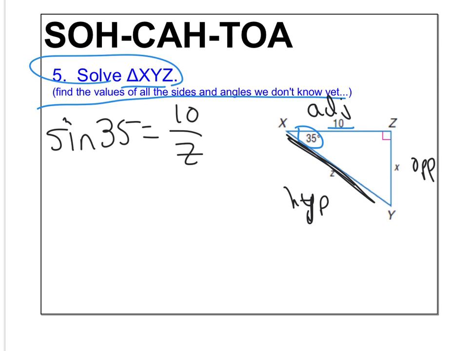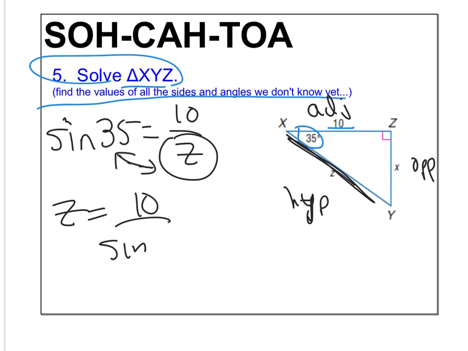And algebraically, because I have the z in the denominator here, all that really happens is that these two things switch places. So I end up with z equals 10 over sine of 35. So take 10 divided by the sine of 35, and you get 17.434. So that's how big your hypotenuse is.